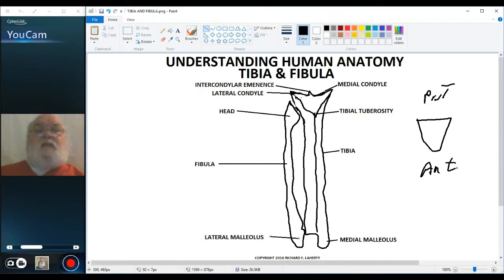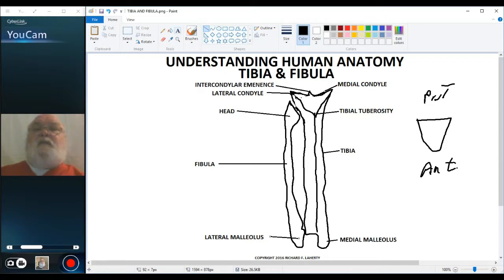Now, the fibula forms three joints with the tibia. There's three articulations. The proximal one is between the head of the fibula and the lateral condyle of the tibia.